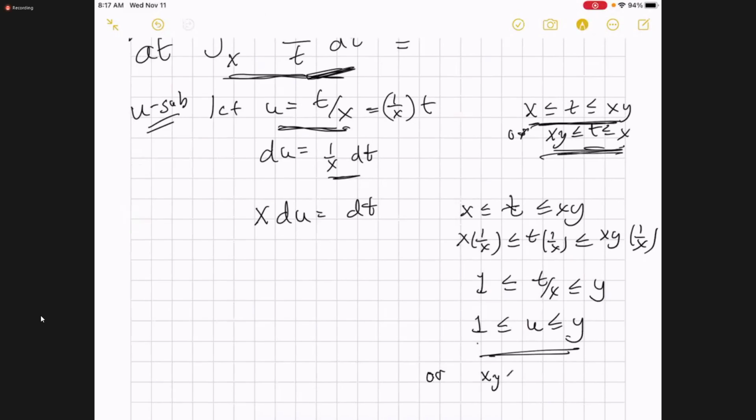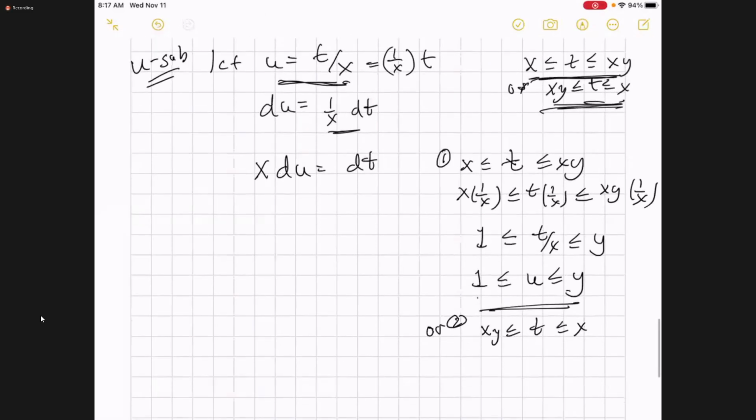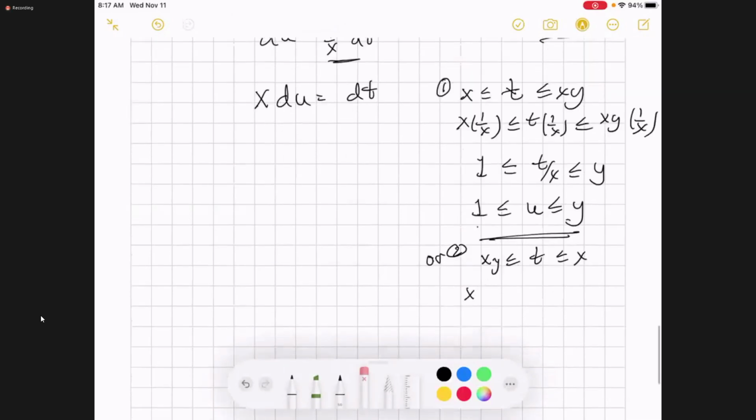If it was the other case, so this is possibility 1 or 2, still I can multiply through by 1 over x, and I've got y less than or equal to t over x less than or equal to 1.